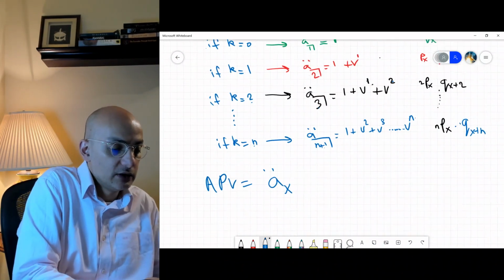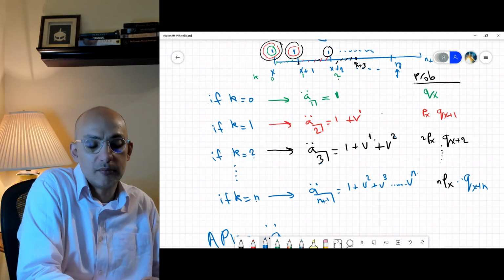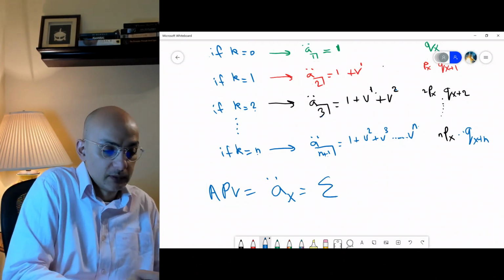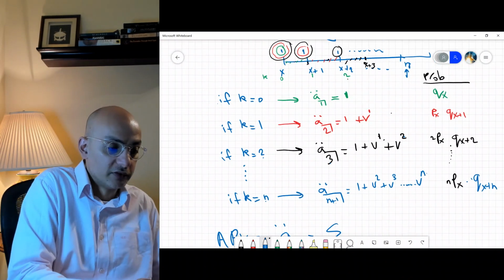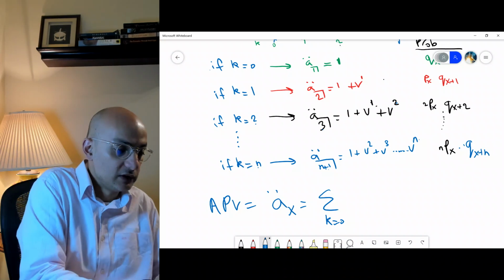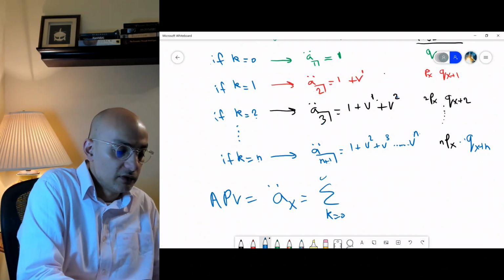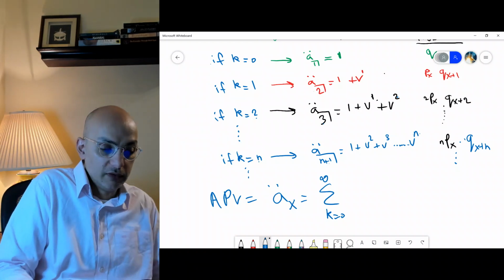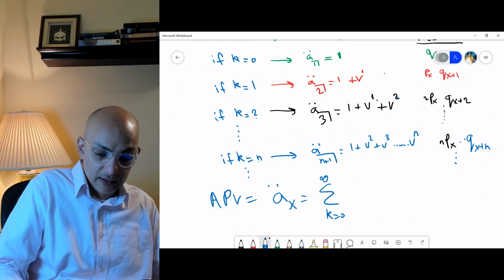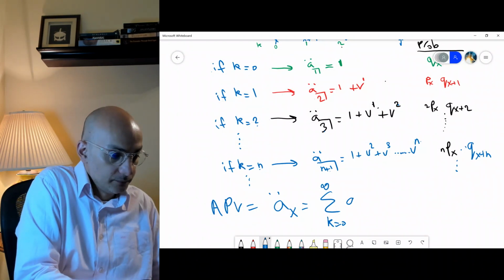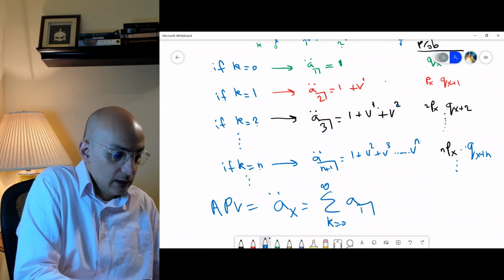The expected value is the multiplication of the present value with its probability. You need to sum all of those, from k equals 0 all the way to infinity, and then we get q of k plus 1.